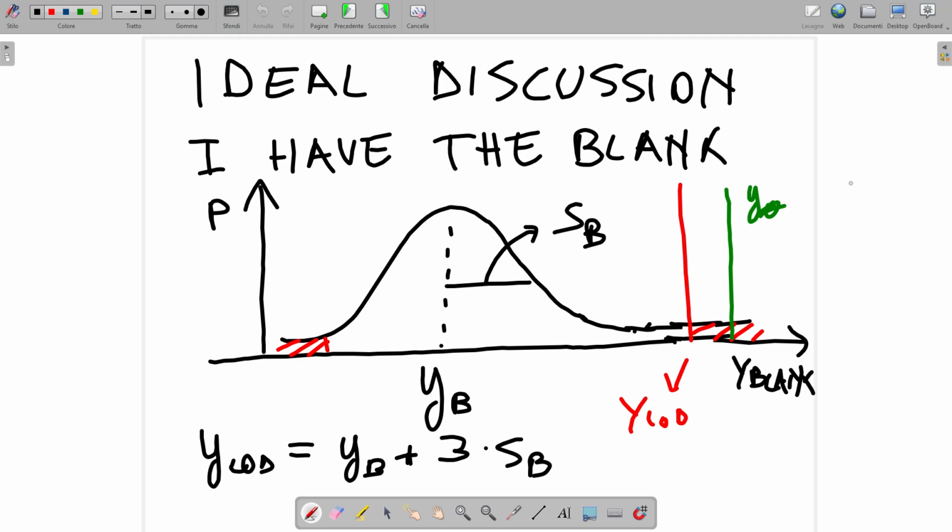But the red area represents the risk of being wrong, because the black curve is saying the analyte is absent, but the green value is higher than the minimum detectable.